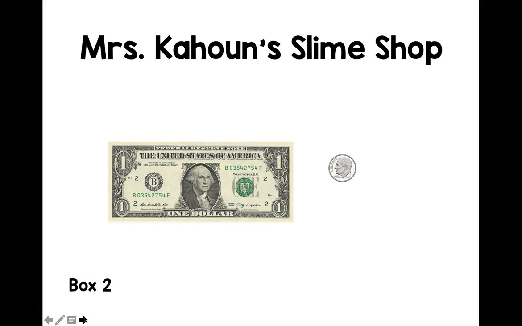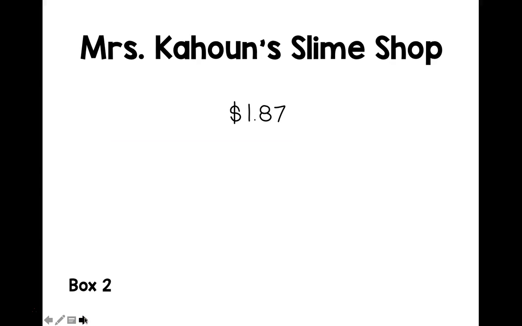Now we're getting ready for box number 2. We aren't ready to answer it yet. In our wallet this time we have a dollar bill or dollar bills and we have dimes, but that's it. Only dollar bills and dimes. This time we are buying slime that costs $1.87.